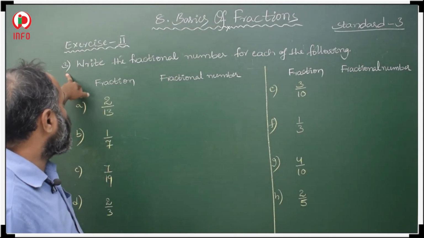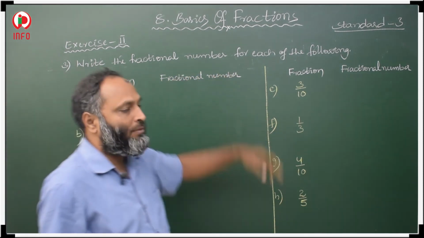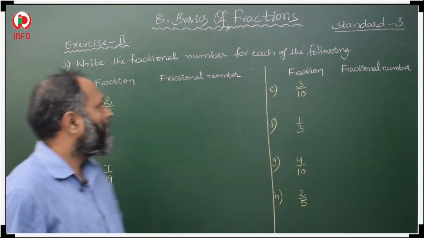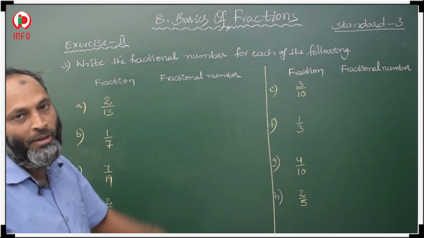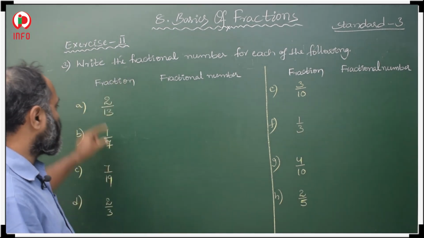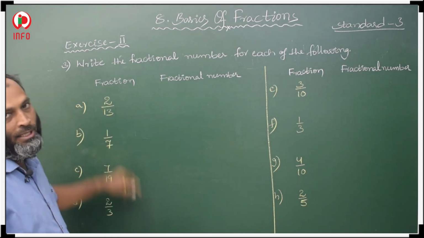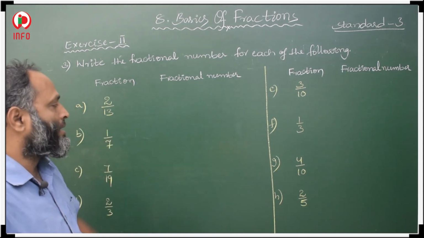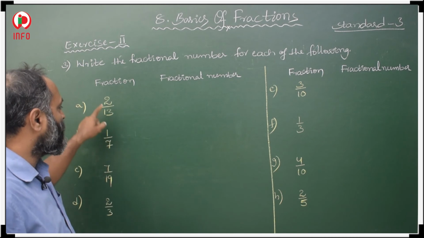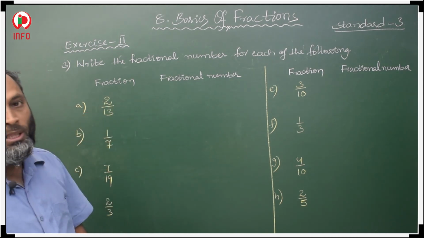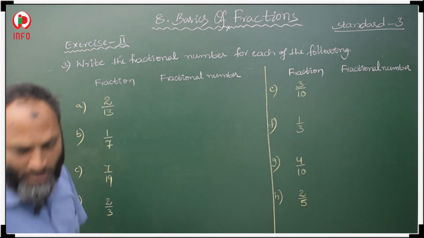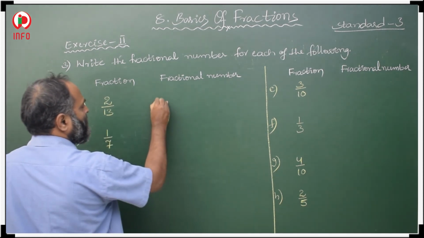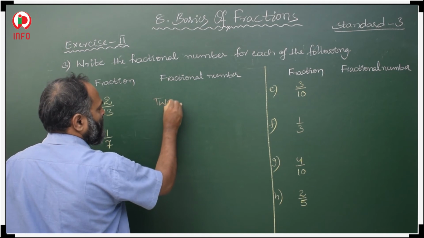Next, third bit. Write the fractional number for each of the following. Here the fraction is given, so we have to write the fractional number. The first question, 2 by 13 is given. Then how to write it as a fractional number? 2 by 13 means 2 thirteenths.